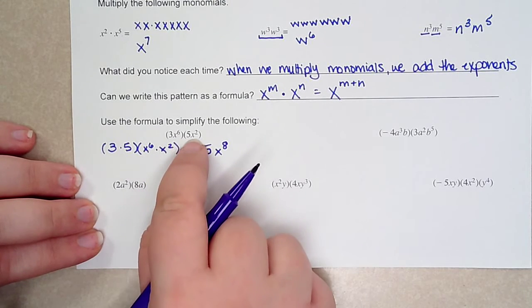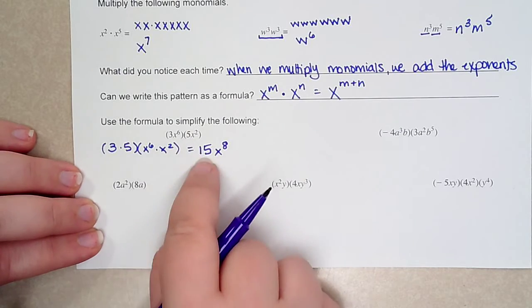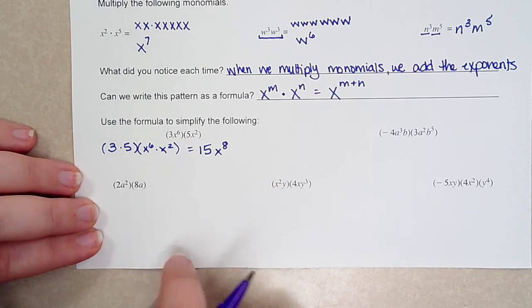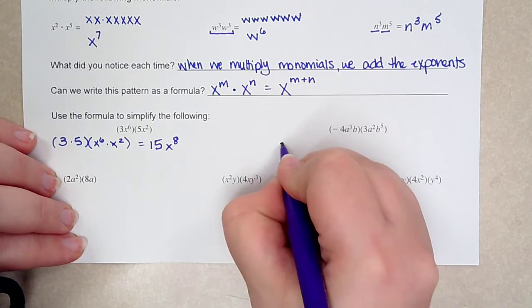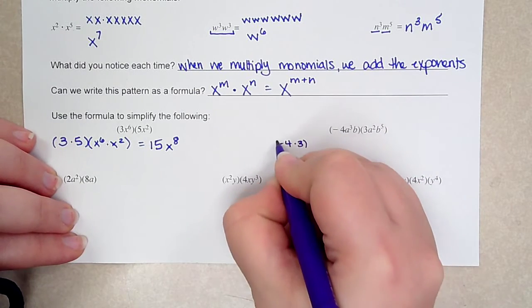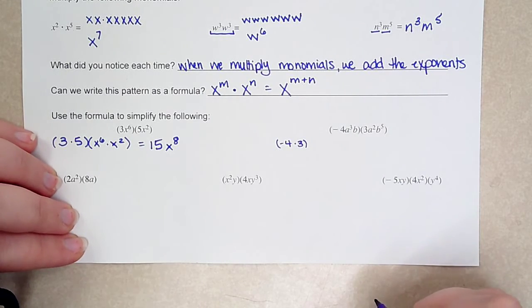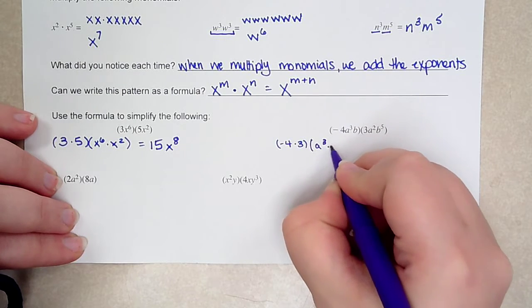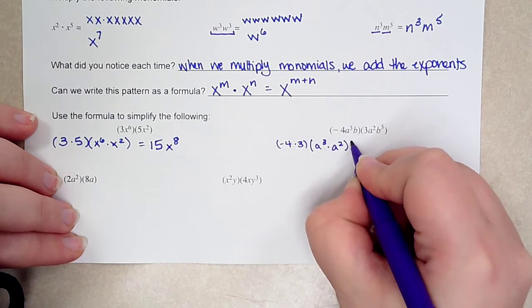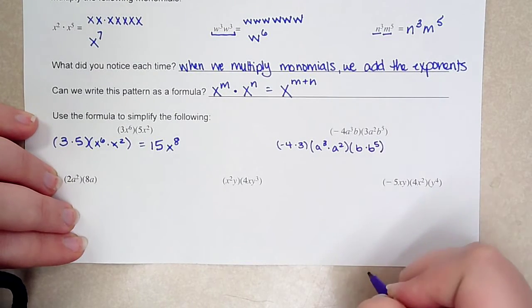Notice I started with 2 monomials multiplied together. I ended with 1. All right, another one. Here, again, I'm going to take those numbers out front and multiply them separately. And I'm going to go ahead and break up these variables because that's just a lot to look at. I notice I have a to the 3rd times a to the 2nd, and I also have b times b to the 5th.